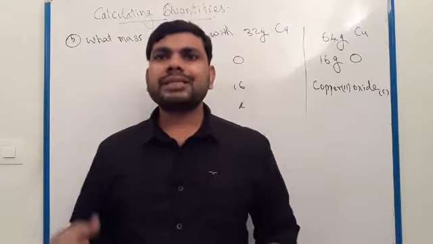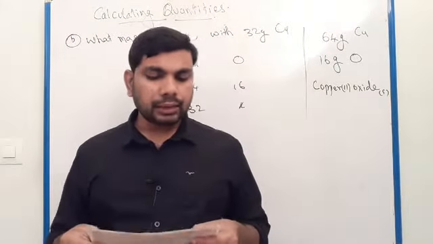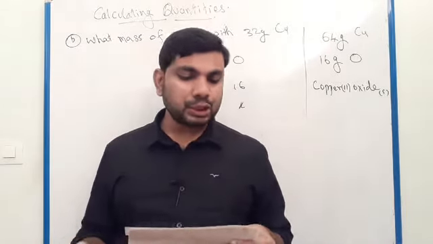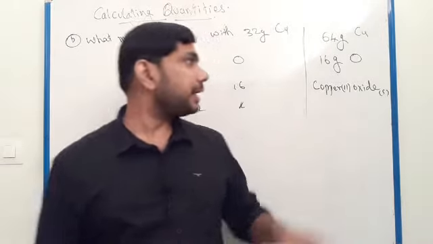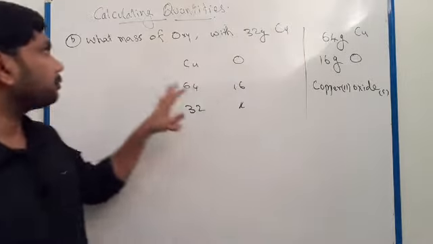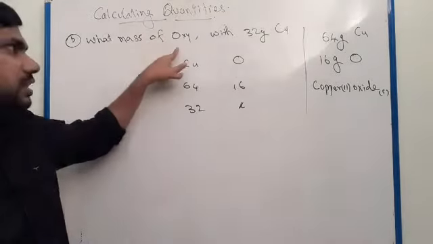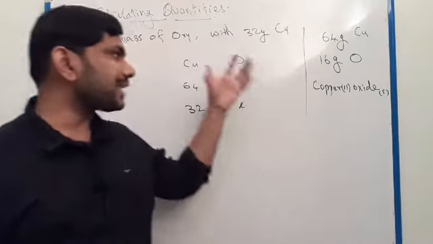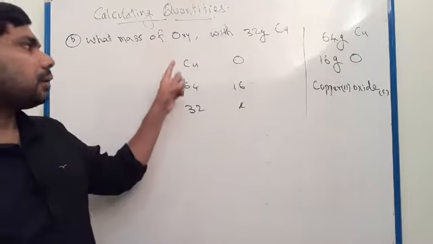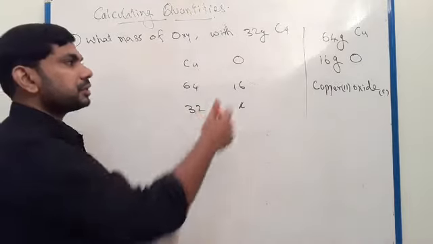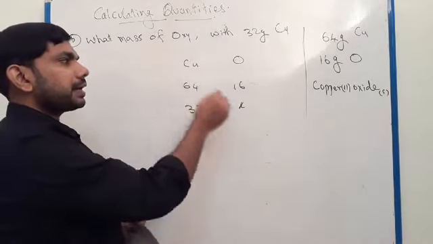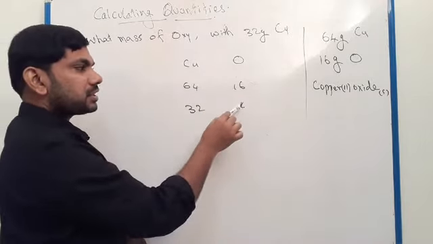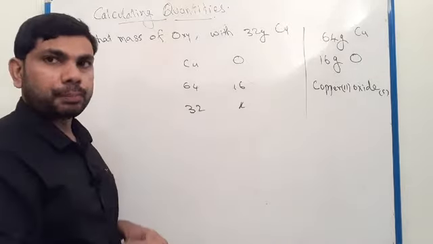Clear? Based on the same question, you have to calculate what mass of oxygen will react with 32 gram copper. We can use the same method. According to this question, 64 gram copper reacts with 16 gram oxygen. You have to find the mass of oxygen reacting with 32 gram copper.